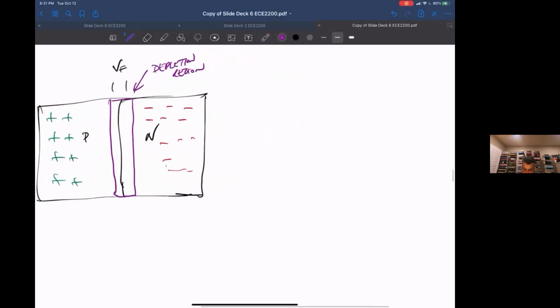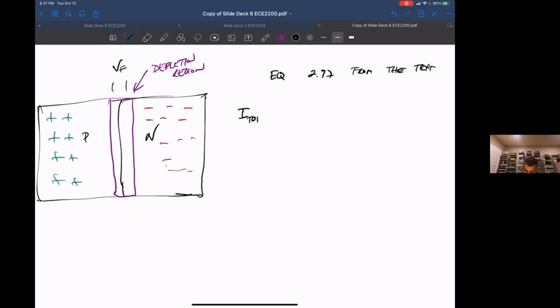I wrote it down here. I'm repeating equation 2.97 from the text.